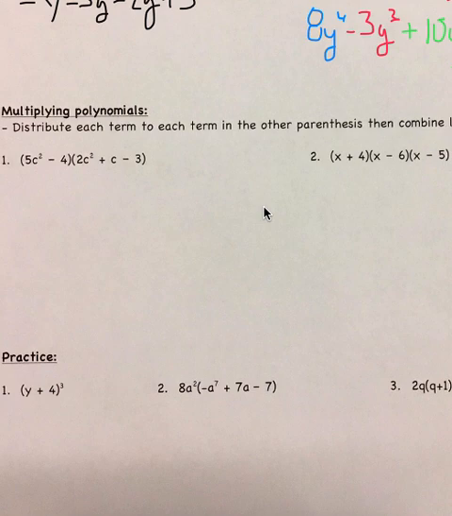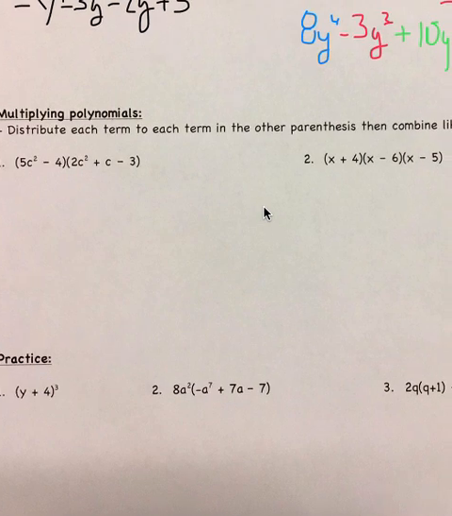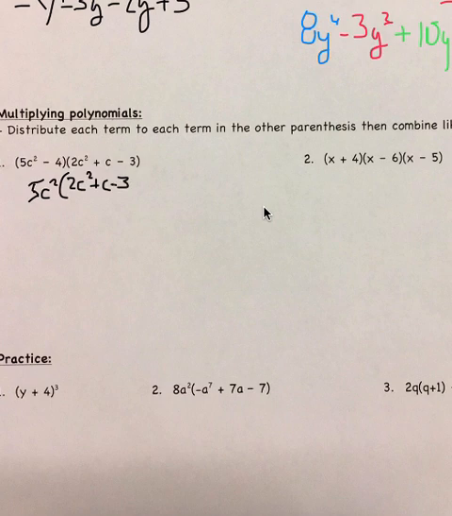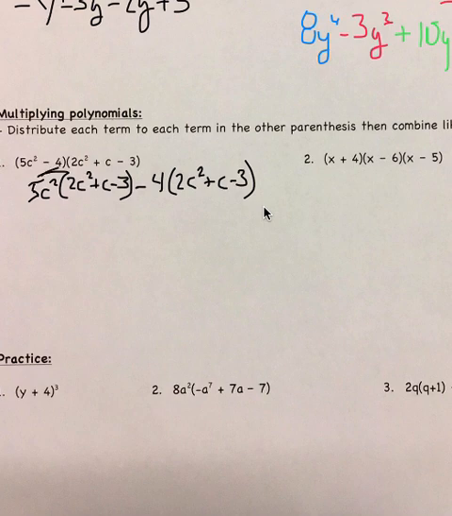So here we're going to write it as 5c squared times the rest of it. 2c squared plus c minus 3, minus 4 times the whole thing, 2c squared plus c minus 3. So that means we have to multiply these through to everything.